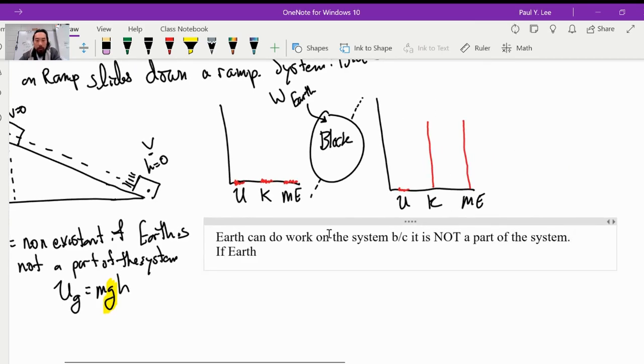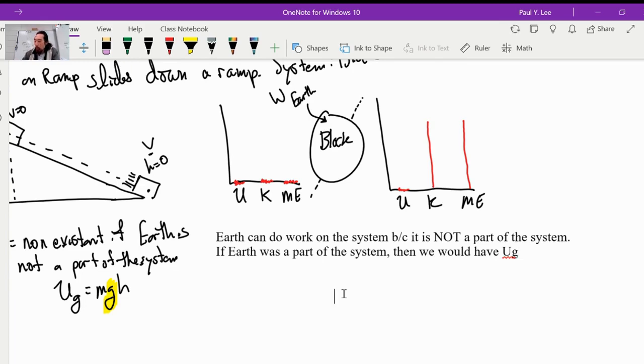If Earth was a part of the system, then we would have gravitational potential energy. Okay, so that's a huge distinction. Because the Earth is not part of the system, the Earth can do work on the system, versus if the Earth was part of the system, we would just call that gravitational potential energy.